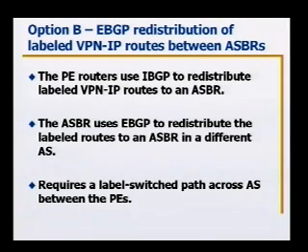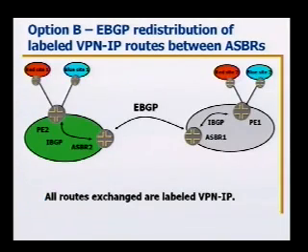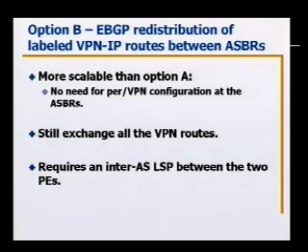Now, what's the problem with this approach? Let's see first what it looks like. We'll have IBGP within the site to the ASBR, and we'll have eBGP between the ASBRs. It still requires exchange of all the VPN routes, and it requires us to have an inter-AS LSP between the two PEs, because previously we were exchanging IP routes.